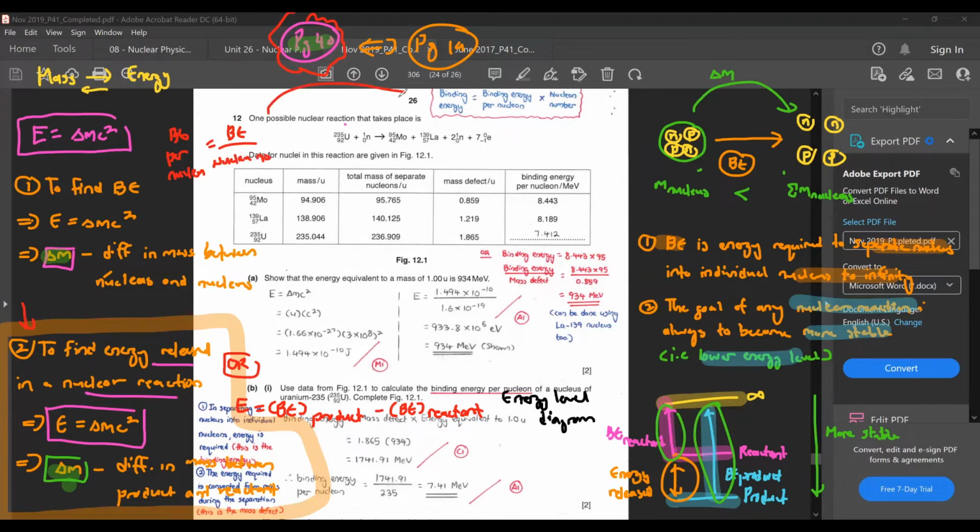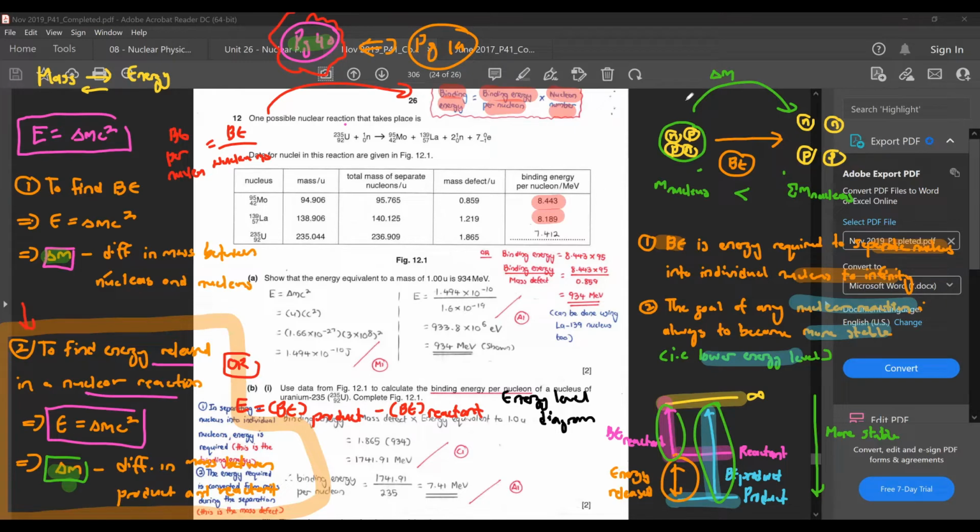So from here, it could also mean this: binding energy is binding energy per nucleon times nucleon number. So you can actually find your answer right now, because you have BE per nucleon given inside your table.